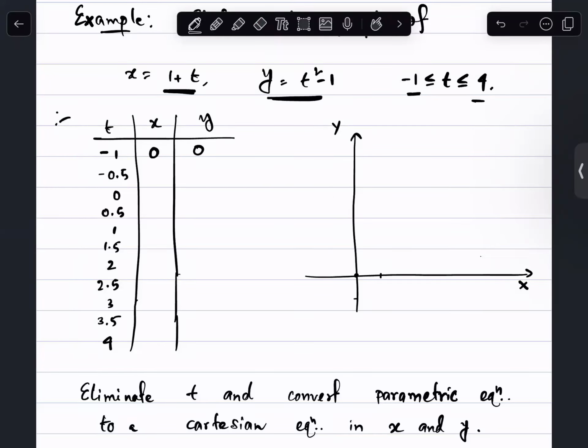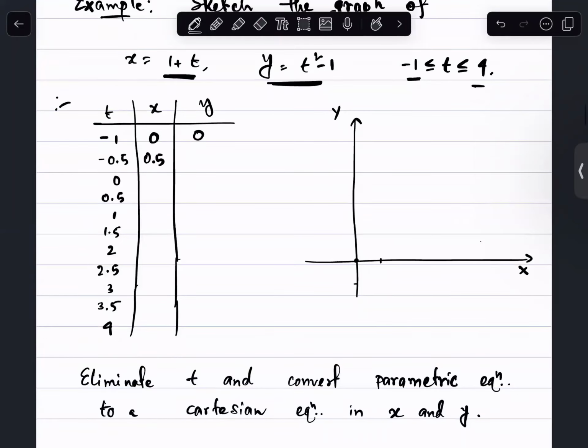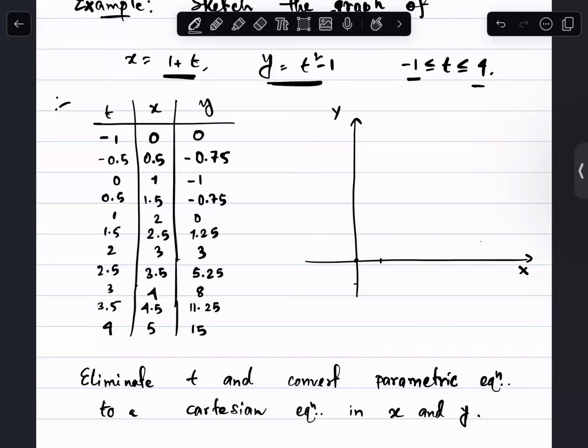Similarly, evaluating all the values of x and y by changing t, I'll get this table. Let me write it down. Okay, so this is the complete table.